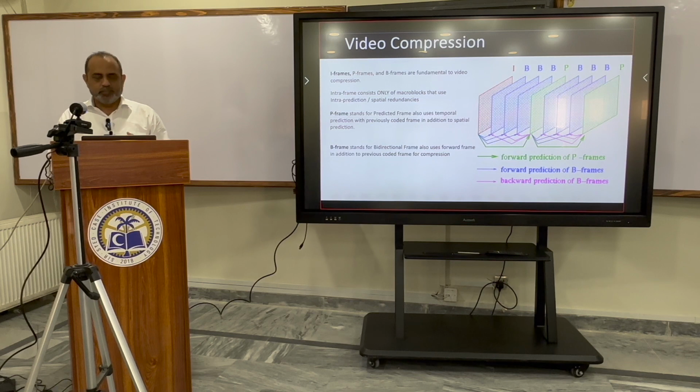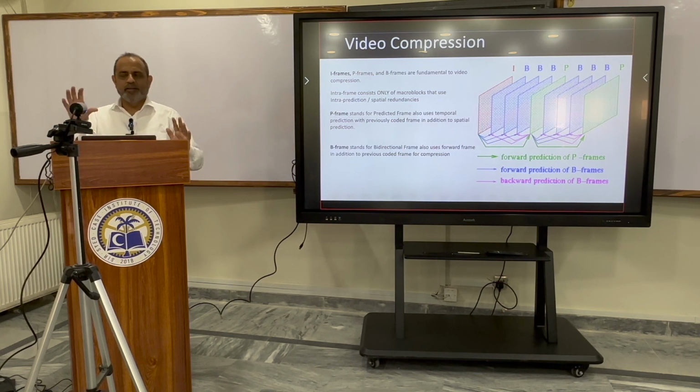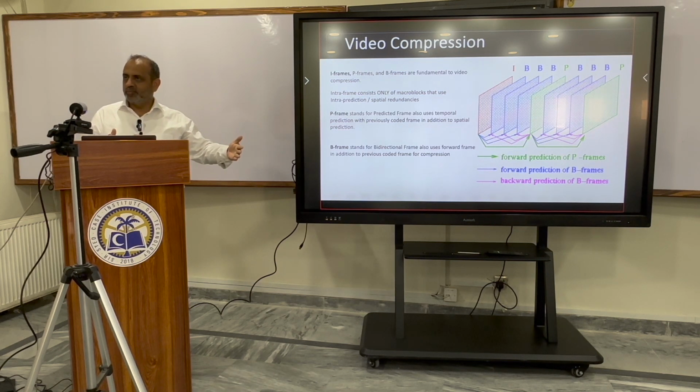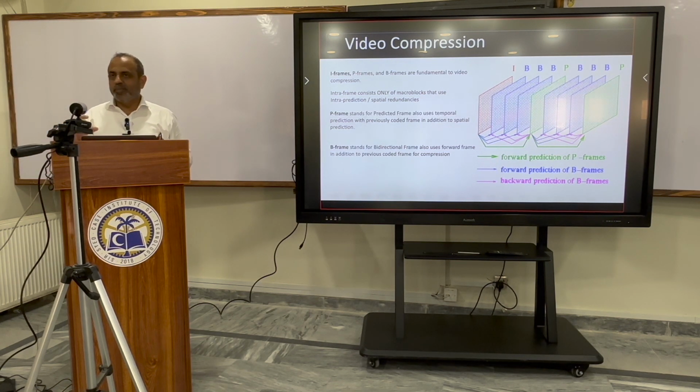But knowing that every frame looks very similar to the previous frame, with very little change, it then uses that redundancy as well. A B frame uses all the redundancy from the previous frame. That's why with video you get compression ratios of about 300 or 400 times, and YouTube will let you see things at a very, very low data rate.